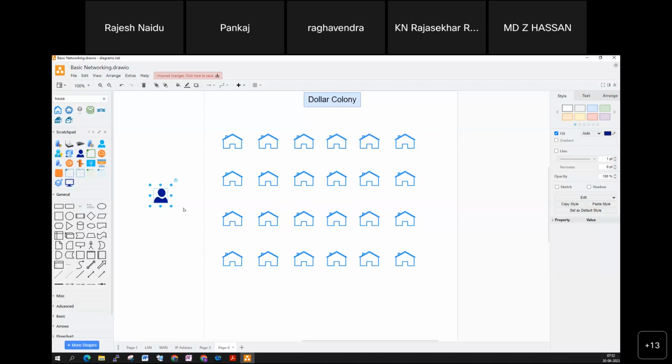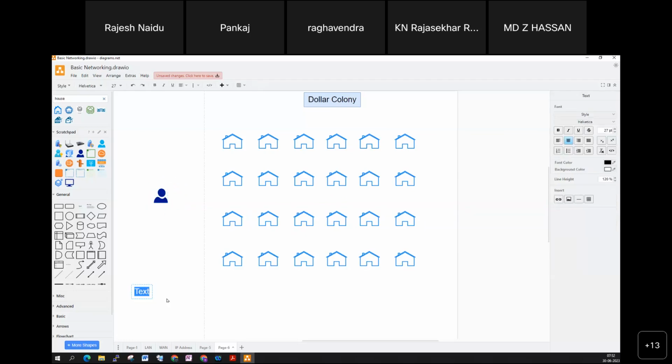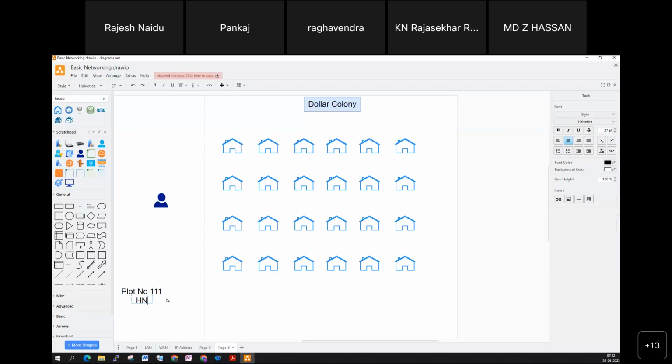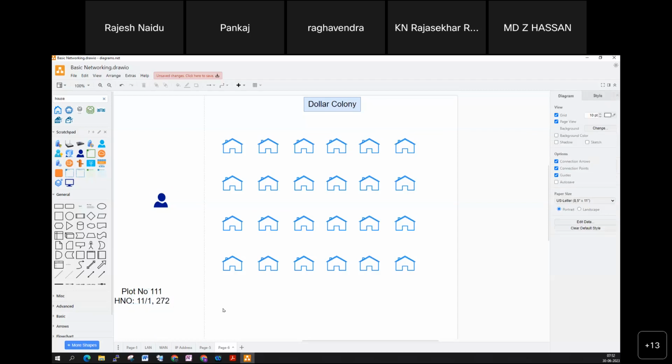Nowadays, how are house numbers created? For example, plot number 111, house number 11-1-272. Like this, they will be there. So what is the meaning of 11-1? You don't know, right? They have some kind of background theory.